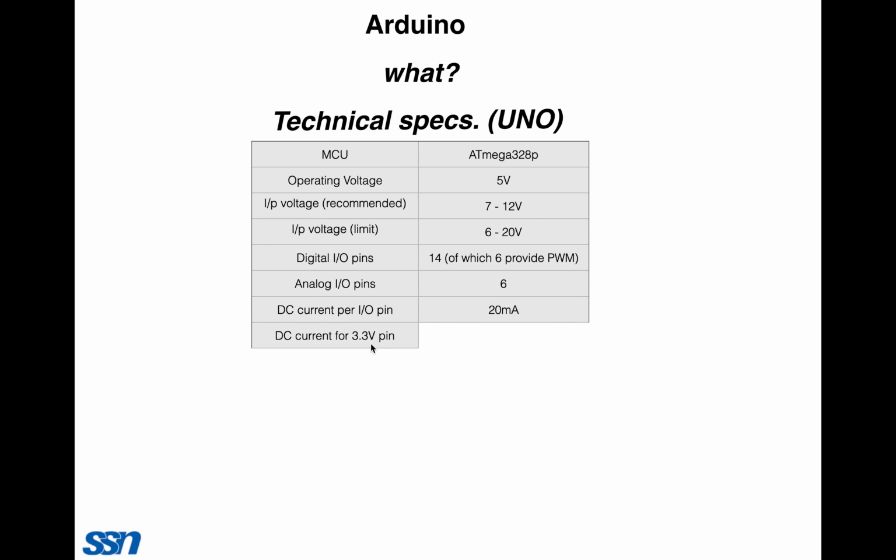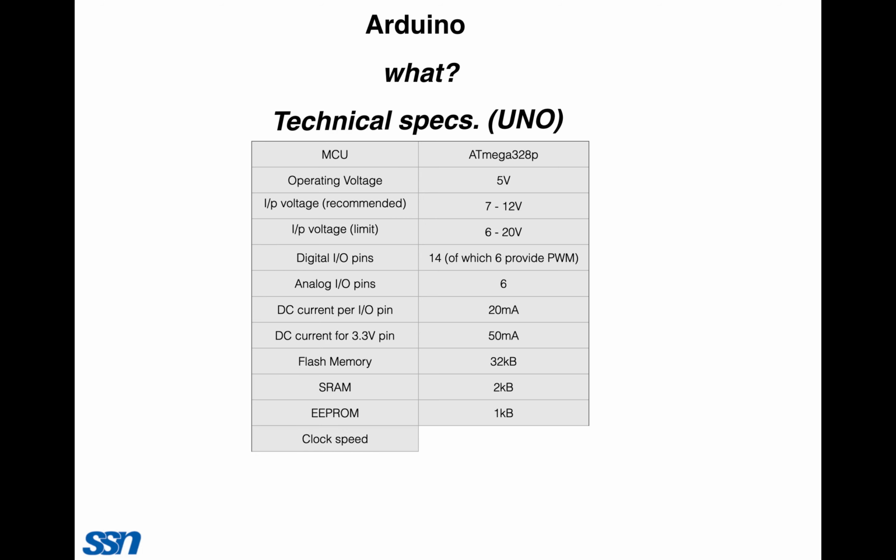The DC current for the 3.3 volt pin is 50 milliampere, and the flash memory, look at this, is only 32 KB, and the SRAM is, my god, only 2 KB, and the EEPROM is only 1 KB. So too constrained in nature, and it has a clock speed of 16 megahertz.